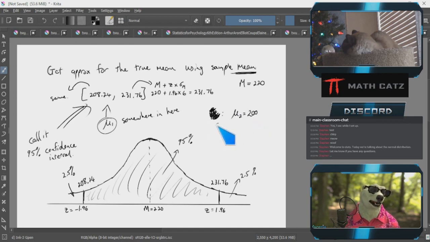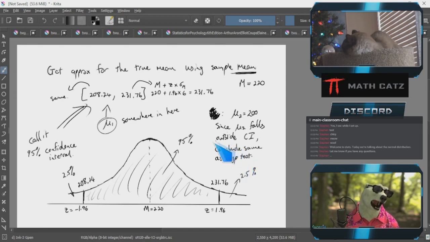So let's say here, since mu2 falls outside my confidence interval, we can conclude the same, or we can make the same conclusion as the hypothesis test does.